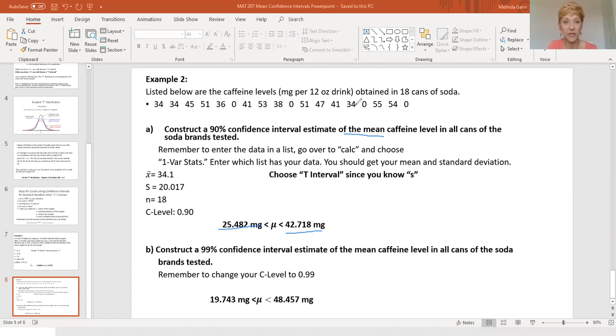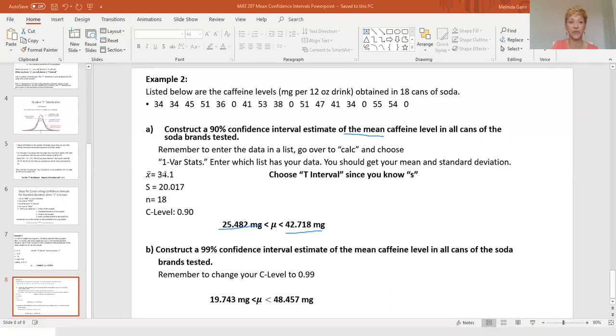You learned how to do this for test 1, but let's review real quick just in case. You're going to enter all 18 values in a list. All right, remember how to do that. You go over here to stats, okay? And then you go to edit and enter those 18 numbers in that list. Then you go back to stat and go over to calc and make sure you choose one variable stats.